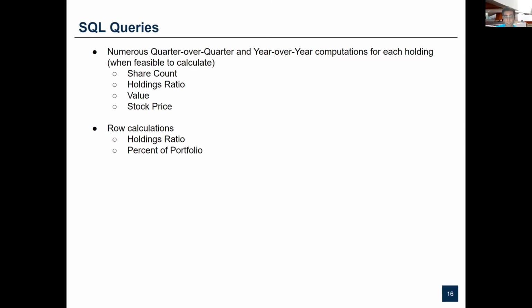So the 2 major calculations we had were the holdings ratio and percent of portfolio. The holdings ratios here were calculated prior to the quarter over quarter, year over year, because these were the values that were compared through multiple time frames. But these were calculated by comparing what the outstanding shares were to the value actually held by the investor.